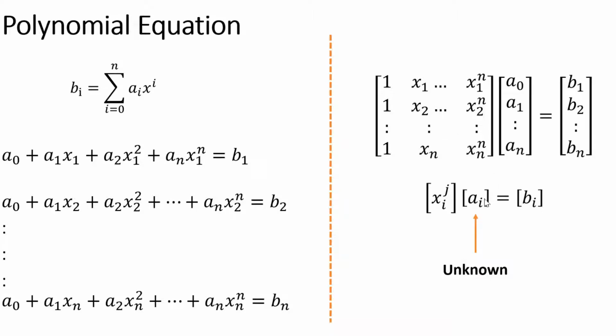The unknowns are the coefficients of the polynomial equation, which we may represent as elements of a column vector A. The right side column vector B is the data points for the vertical axis, and the left side square matrix X is derived from the horizontal coordinates, which is explained in the next slides.